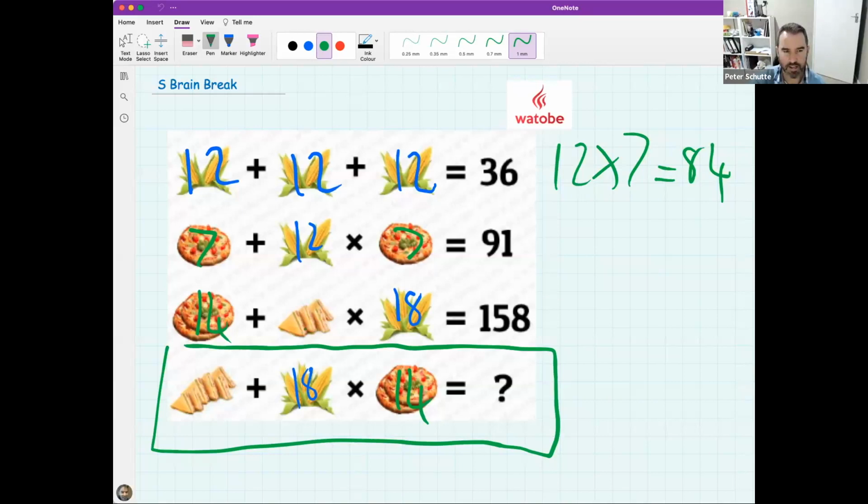I might need my calculator for this, but I'm guessing, if you think about taking 14 away, what am I going to get? People are saying 8. So 8, let me try my calculator. So if I go 8 times 18, I get 144 plus 14 gives me 158.